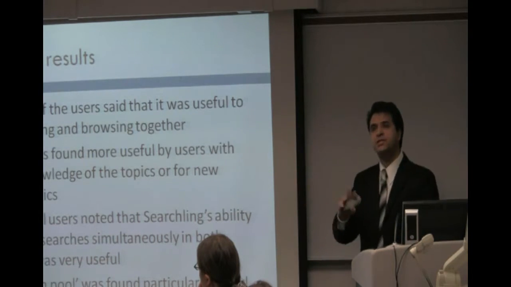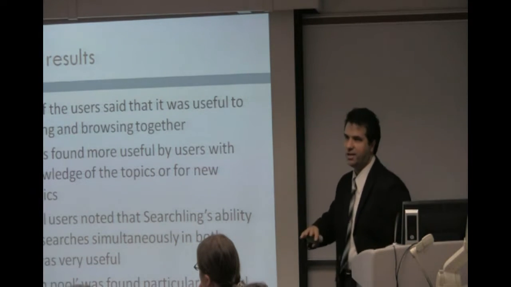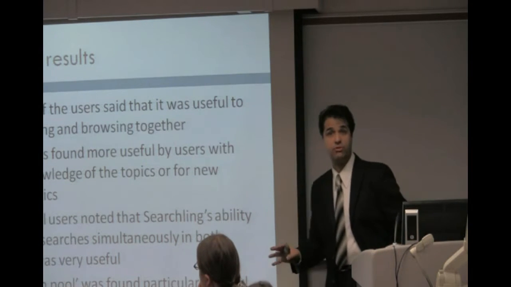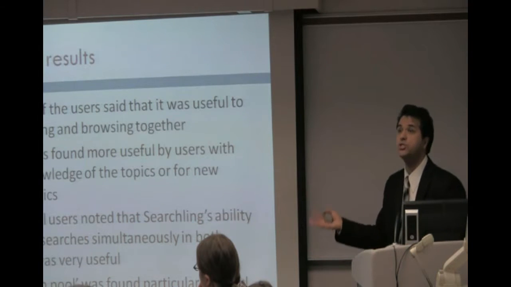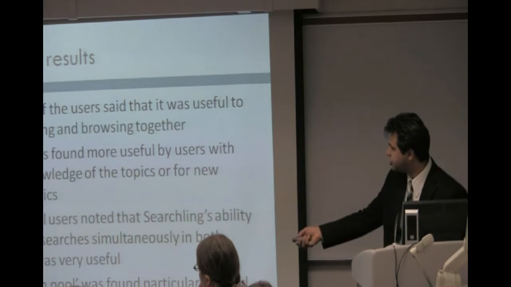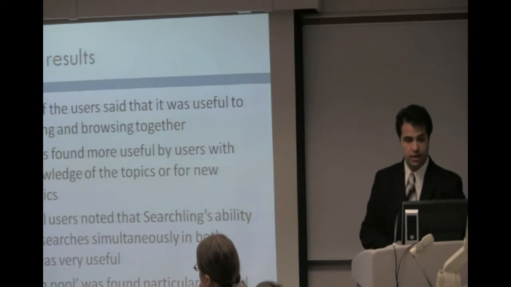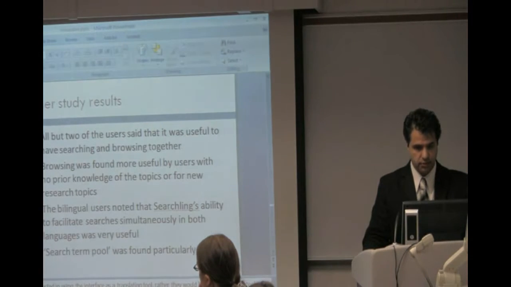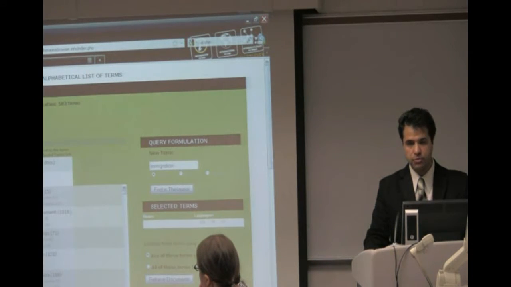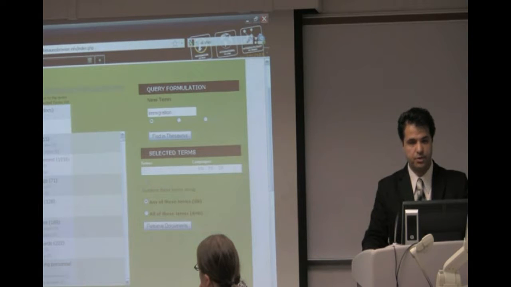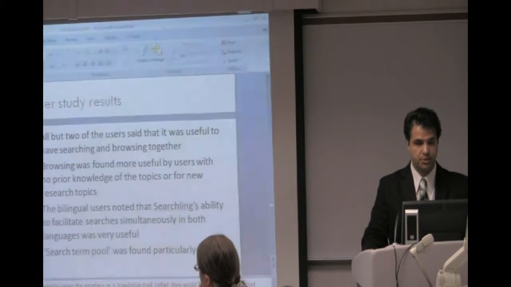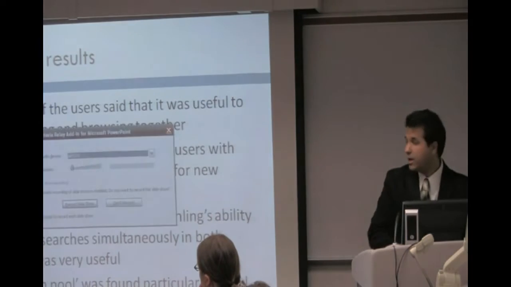They found the bilingual feature, switching between English and French, and being able to retrieve results in either or both languages, quite interesting. The search term pool, as I showed here, of selected terms that appears automatically, they found particularly useful.